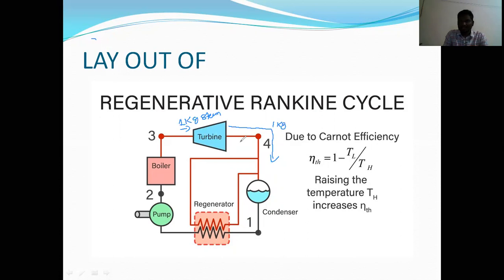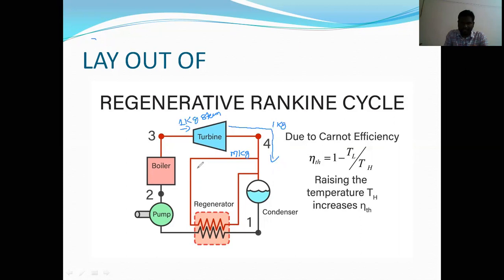But in the regeneration cycle, after the partial expansion, some amount of steam, say m kg, will go to the regenerator, that is nothing but the heat exchanger.